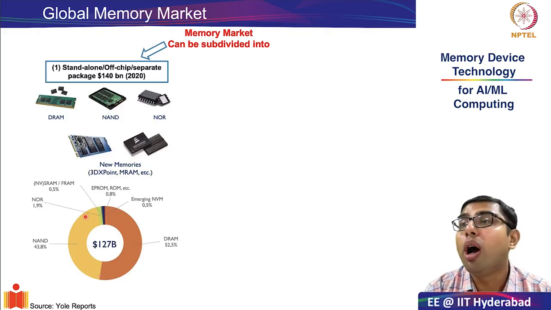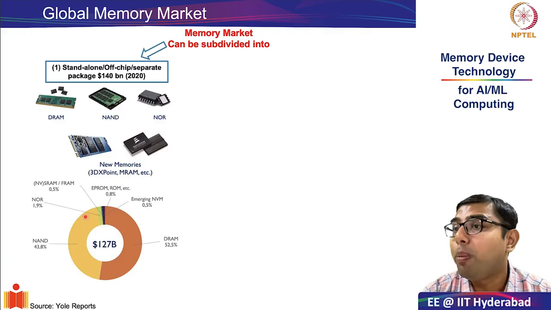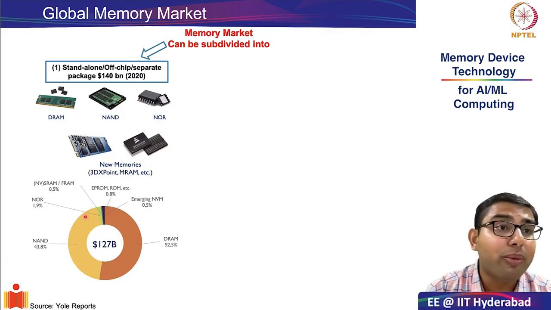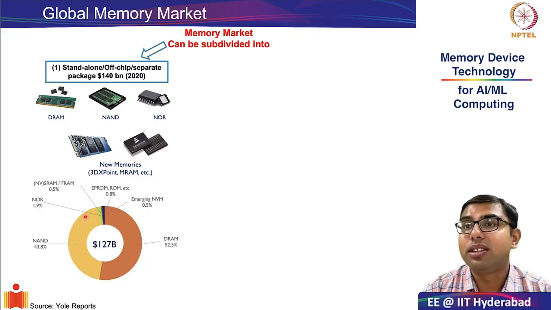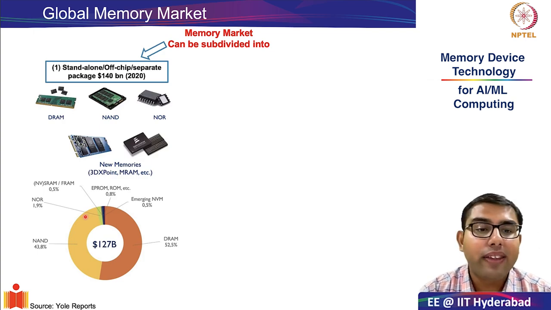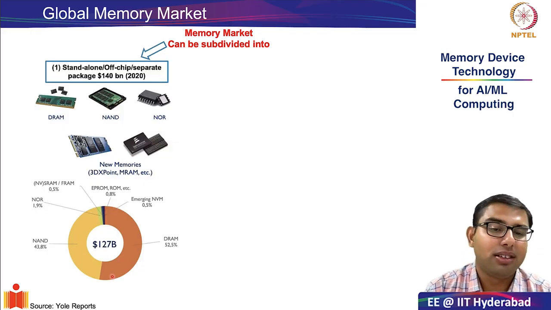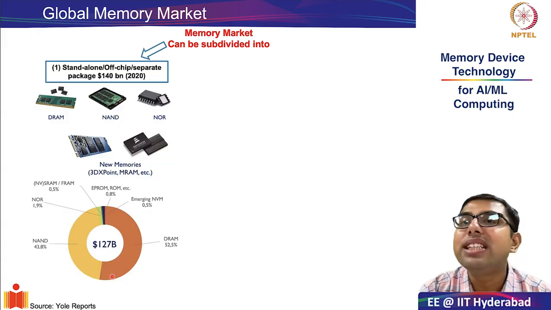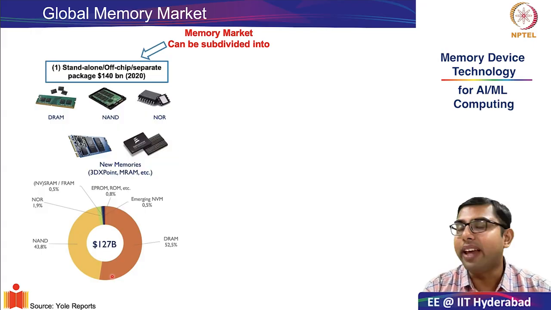NAND flash is much smaller, to the order of roughly 44%. Why is this happening? Let me repeat the question. Although the size of DRAMs in terms of memory capacity is much smaller than NAND flash, in absolute dollar terms, the size of the DRAM market is much larger. Why is this happening? Please take a moment to pause and think.